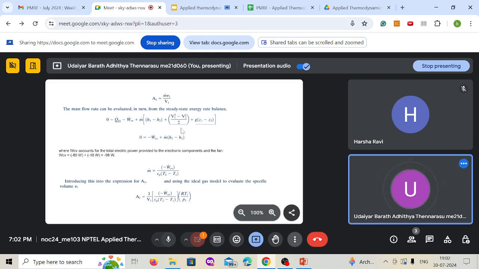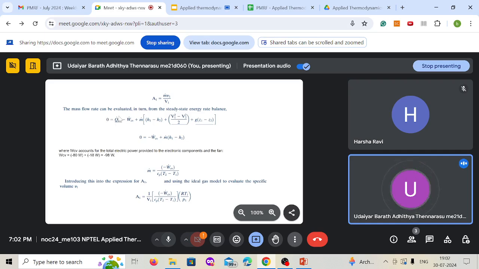Now we apply an energy balance across this whole electronic component. This being an open system, we will apply the steady flow energy equation. So dE_CV by dt will become 0, assuming that the process is steady state.